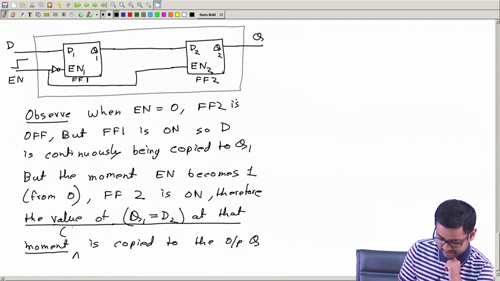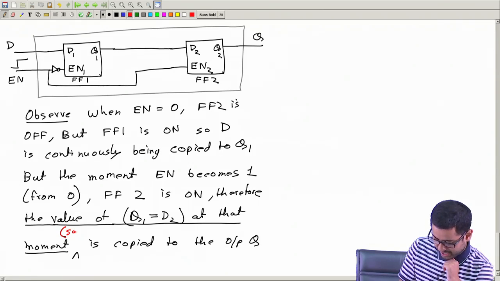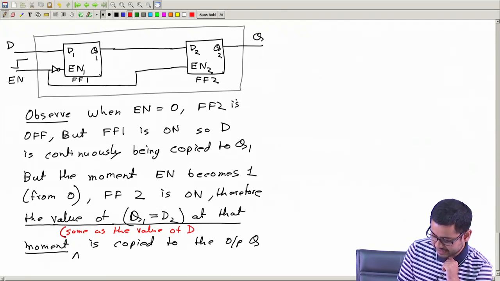is nothing but, let me write it in a different color, same as the value of D just before that moment.